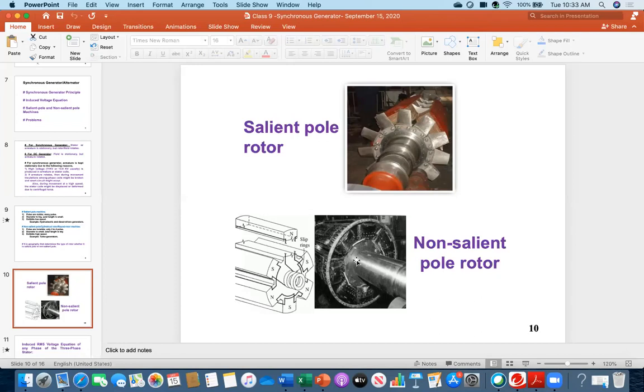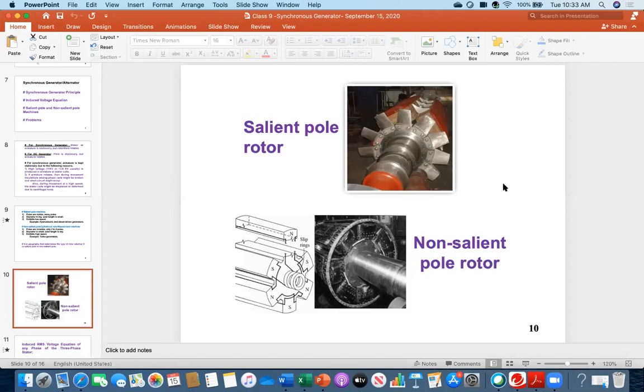Common practice is 2 to 4. Because there are only 2 to 4, you need less space and the diameter is smaller. But in this case, you can guess, because you have to place many poles, the circumference and diameter are larger than this one.